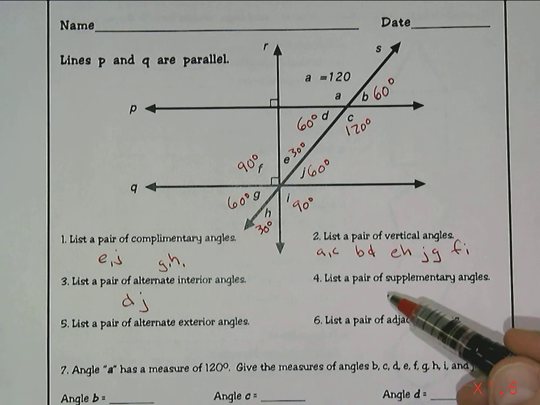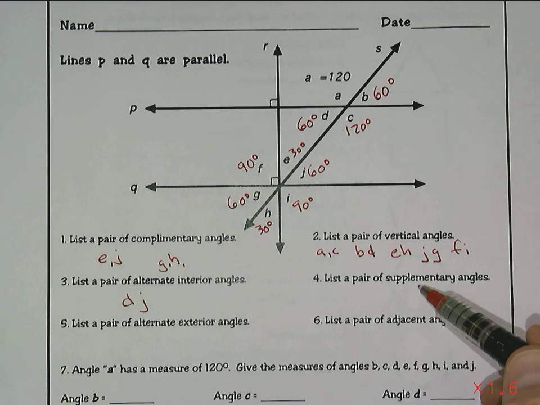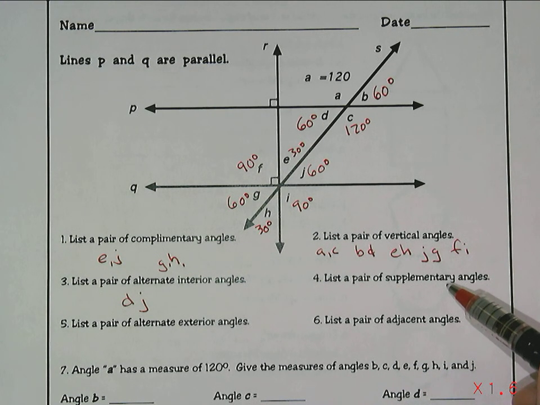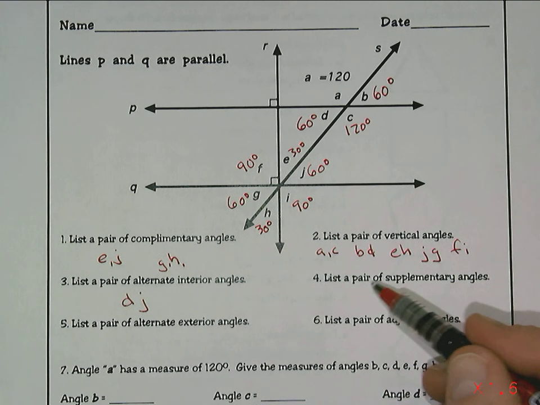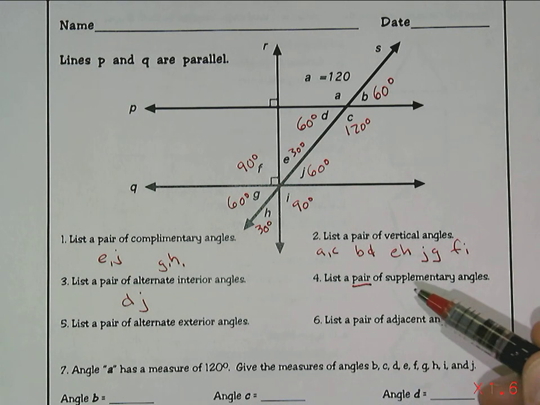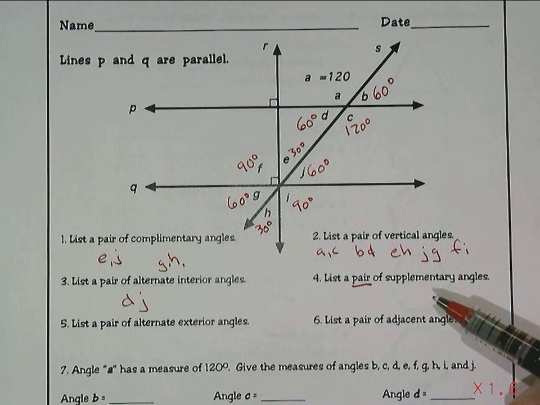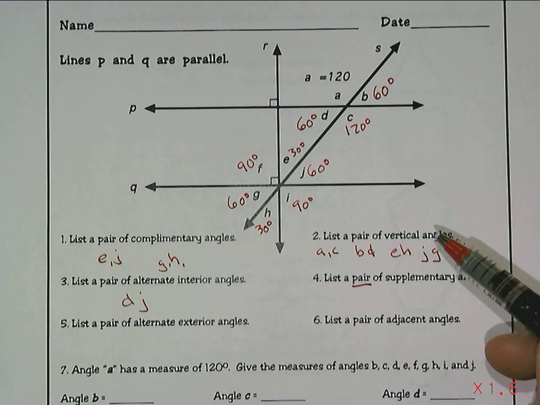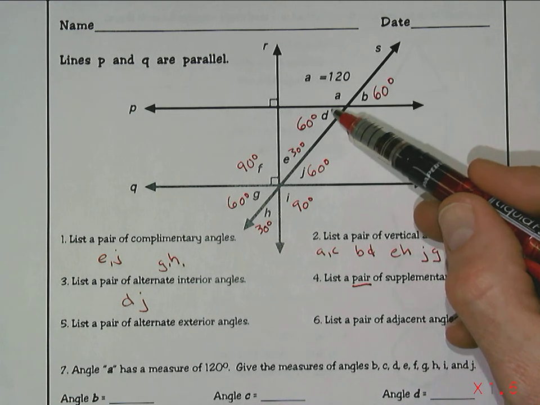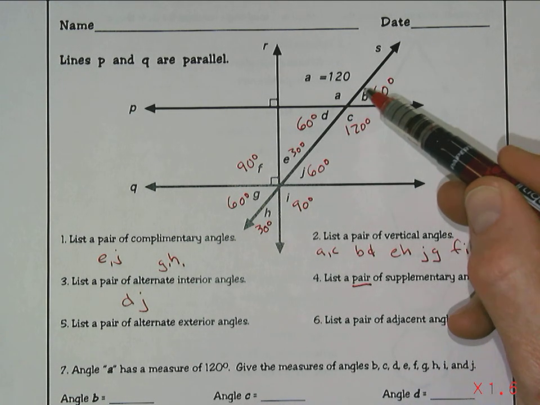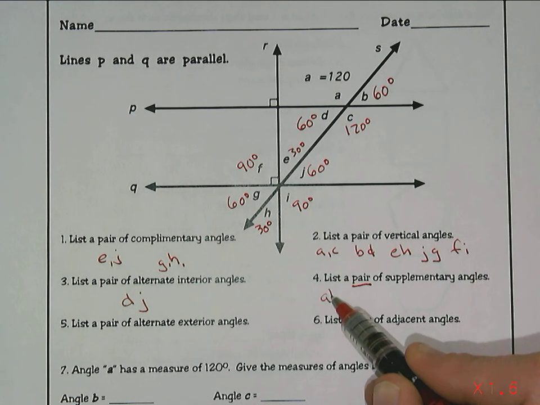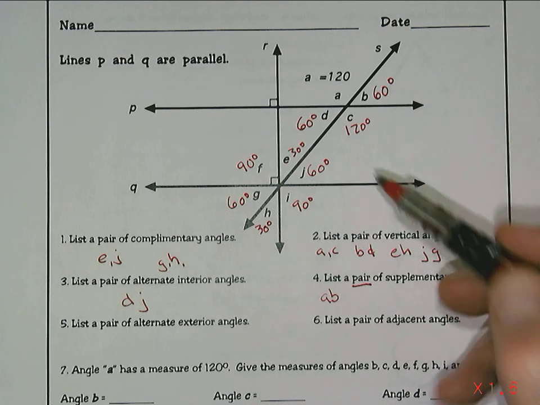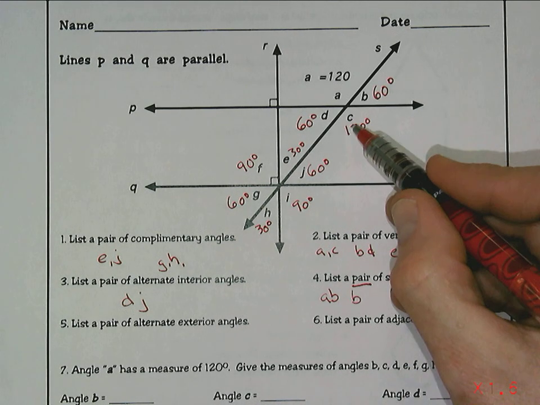Now there's a number of supplementary angles. Supplementary angles are angles that add up to 180 degrees, but in this case we're asking only for pairs of angles that do that. So if we look for angles that add up to 180 degrees, there are a bunch right here. There's A and B that add up to 180 degrees. B and C, so these two right here.